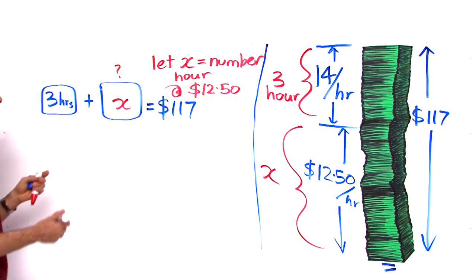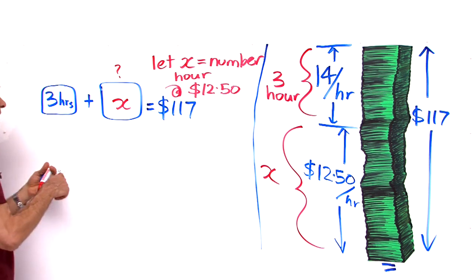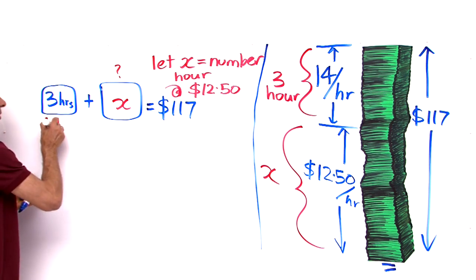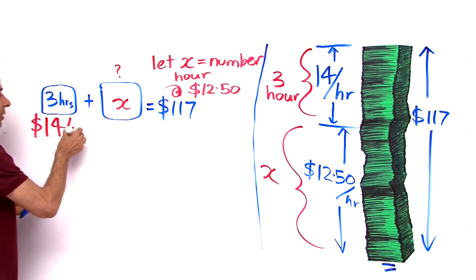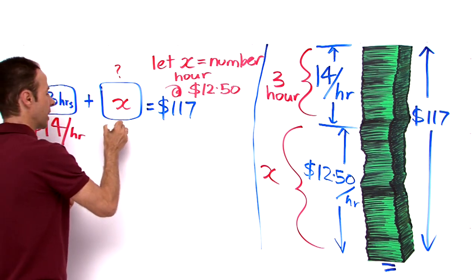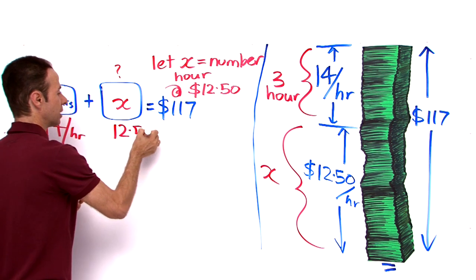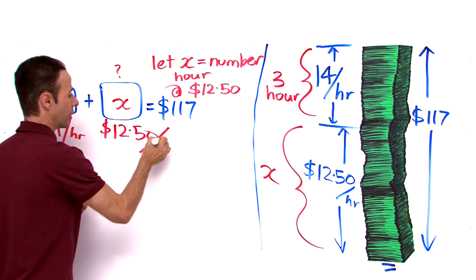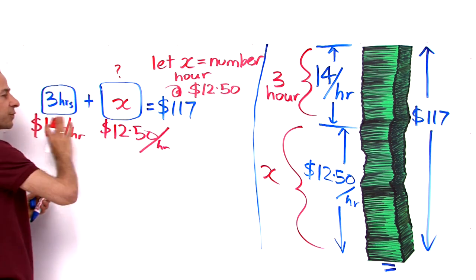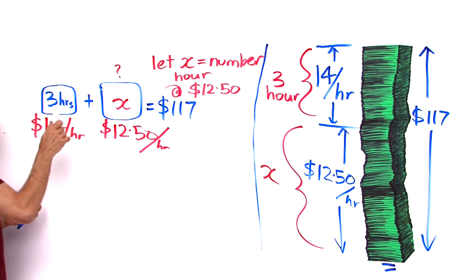Let's put in the amount per hour. So right over here, 3 hours, how much does he get per hour? He gets $14 per hour. And here, he makes $12.50 per hour. Okay, let's form an equation from this now. So we got $14 an hour for 3 hours.